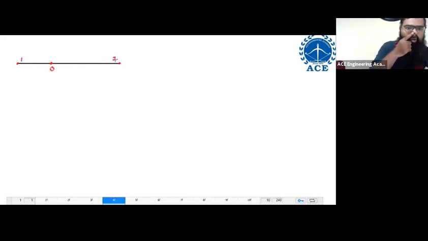The diagram is going to be something like this. Please observe. This, let us say, is the lever we are having. This is the entire system assembly. I'm taking some point over here, point O. This point, let us say, is point 1. This point, let us say, is point 2.